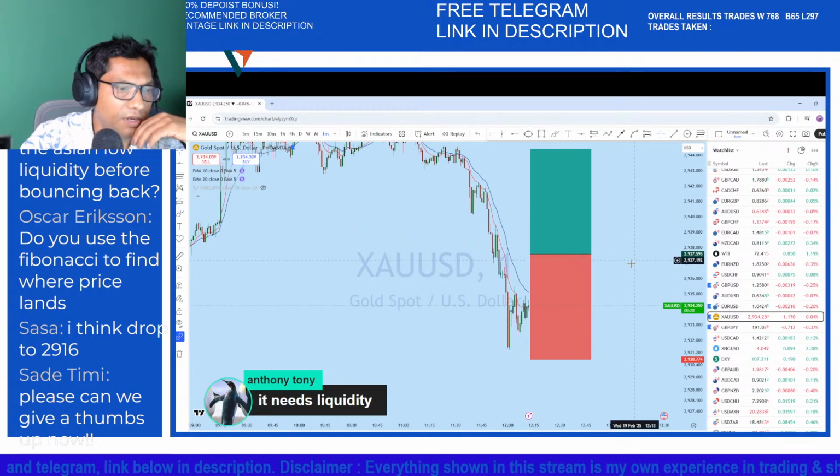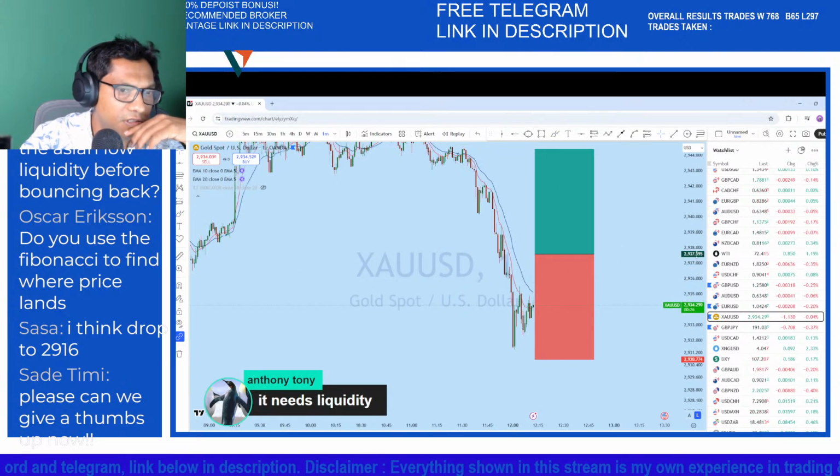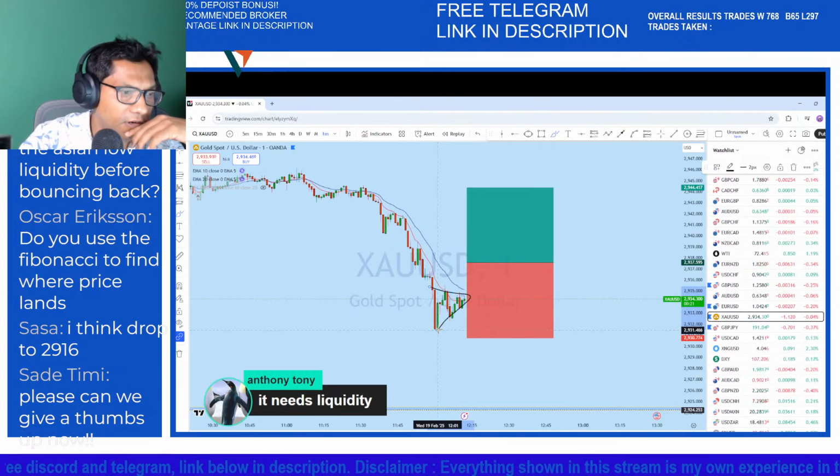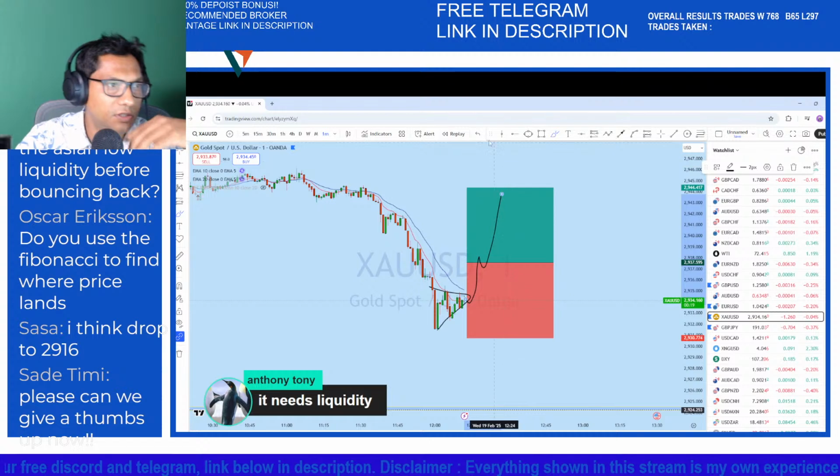On the lower time frame here, we can see the market has a triangular pattern, expecting it to bounce and then to enter.